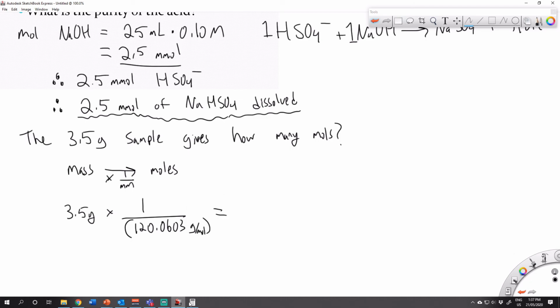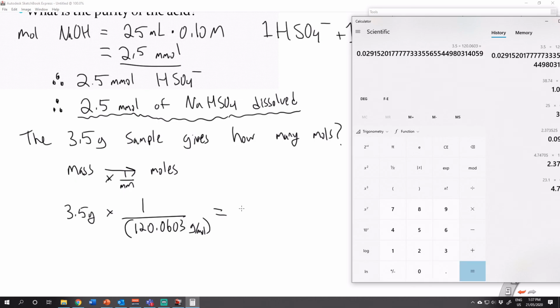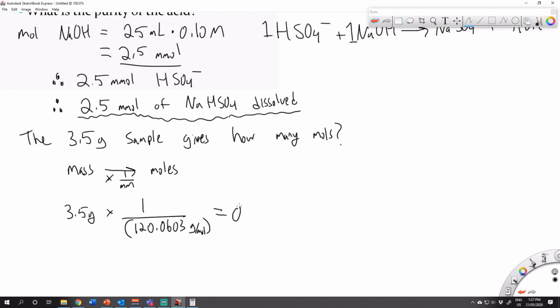Doing the calculation, 3.5 divided by 120.0603, we get 0.029 moles of NaHSO4 in 3.5 grams.